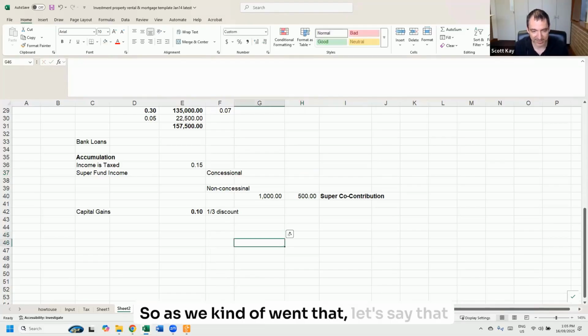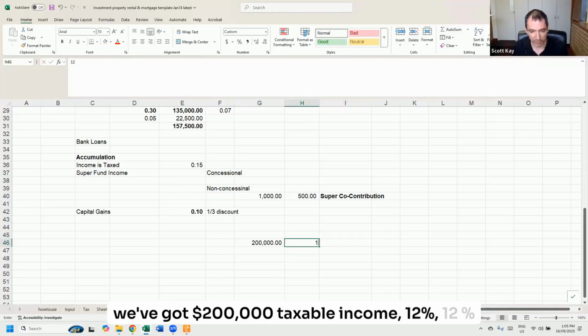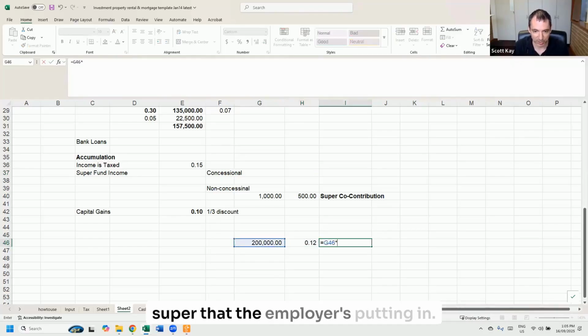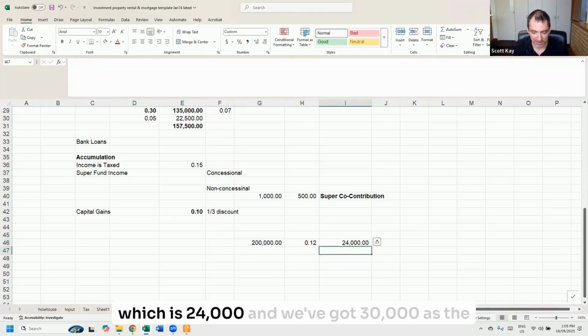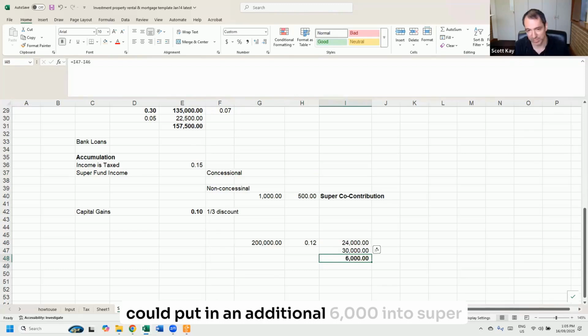Let's say that we've got $200,000 taxable income, 12% super that the employer's putting in, which is 24,000, and we've got 30,000 as the current concessional amount. Then the person could put in an additional 6,000 into super as a personal deduction if they want to do that.